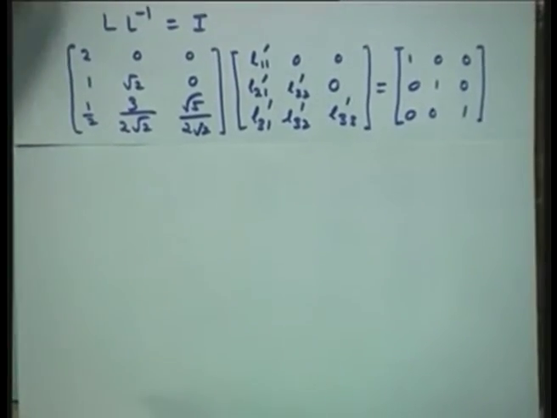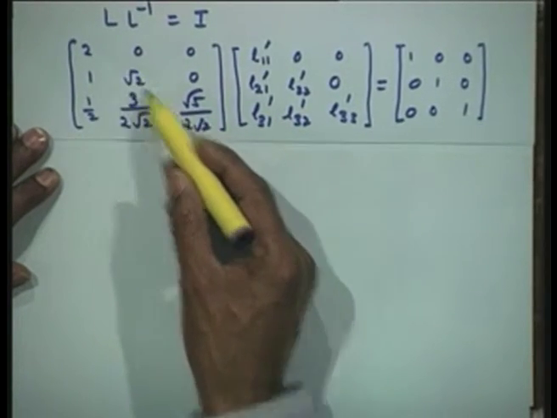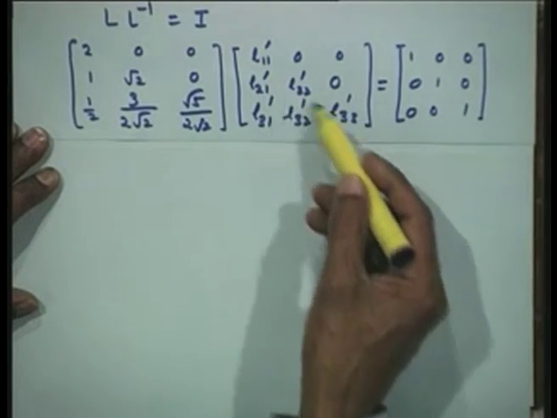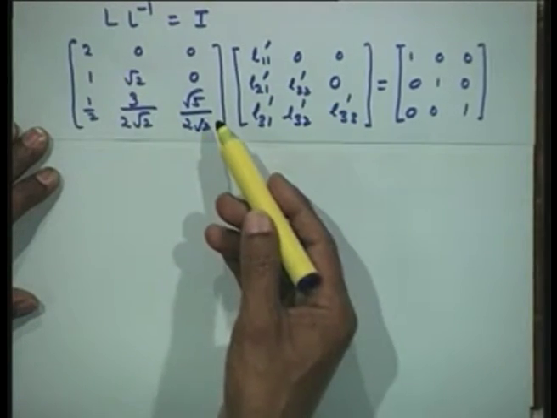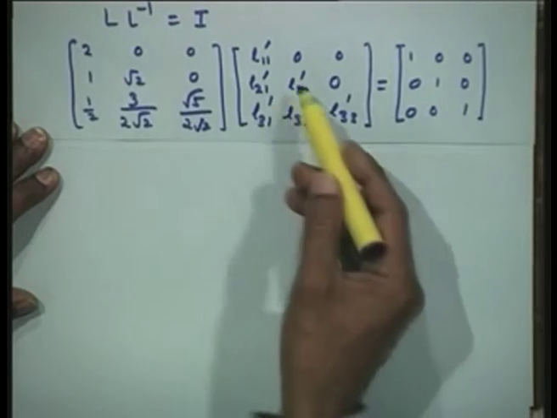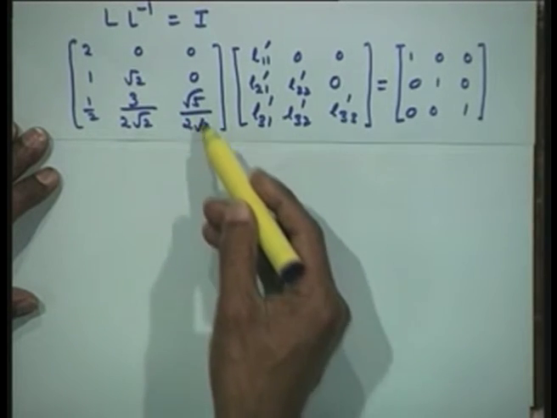We can make one observation, some of the elements are trivial because this is a lower triangular matrix, the same is true for upper triangular also. The diagonal elements of this will be inverse of the diagonal elements. In fact, we do not need to compute them. L11 dashed has to come as 1 by 2, L22 dashed will be 1 upon root 2 and L33 dashed will be 2 root 2 by root 5.